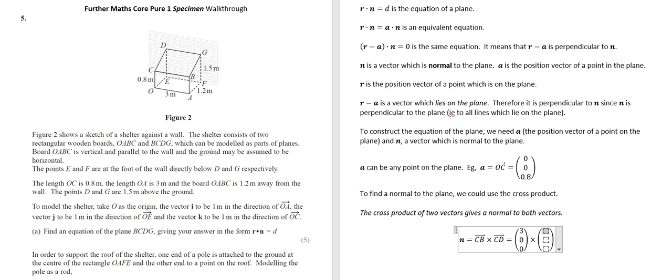The vector from C to D doesn't go any distance in the I direction. In the J direction, it moves 1.2. And in the K direction, it moves up from a height of 0.8 to a height of 1.5. So in total, it's moved up 0.7. So we just need to find the cross product of those two vectors.